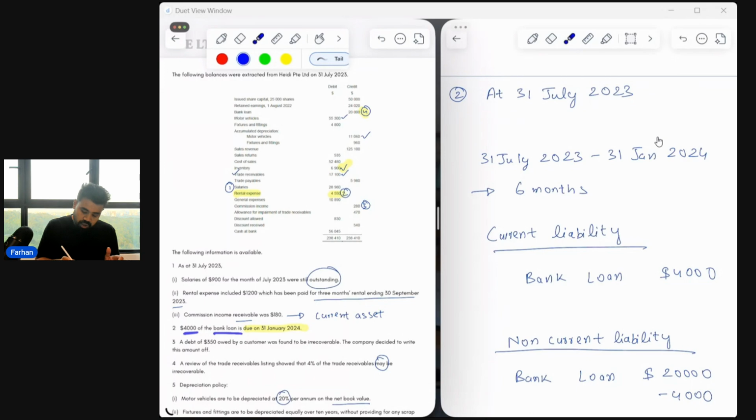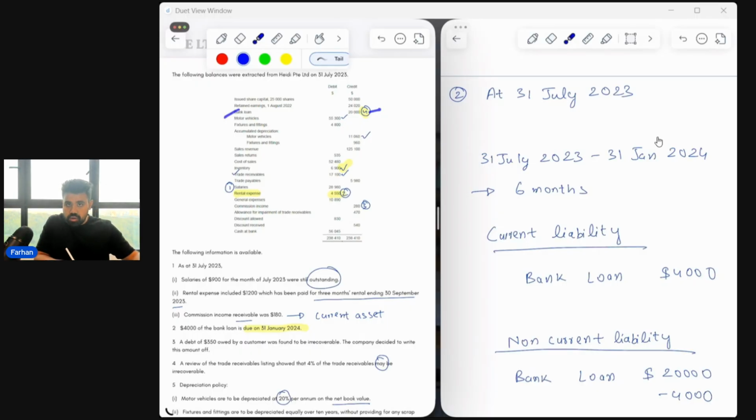$4,000 of the bank loan is due on 31 January 2024. Okay. So we understand that we are preparing the financial statements at 31 July 2023, right? Okay. Now, if you check the list of balances that have been given, we can see bank loan here, which is $20,000. And therefore, obviously, it is on the credit column because it's a loan. It is an obligation.